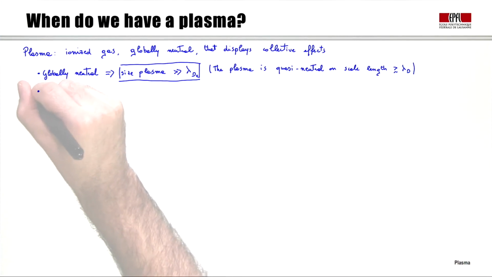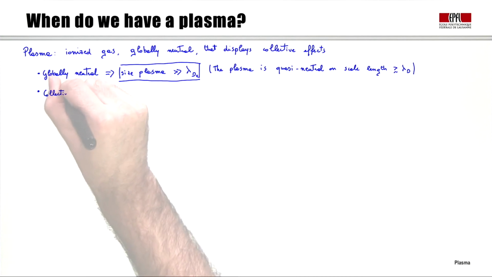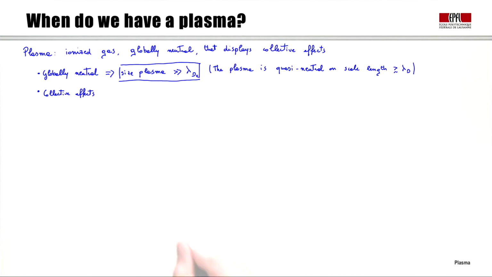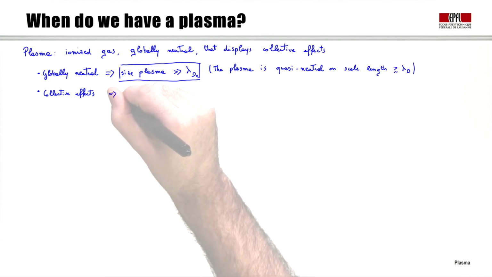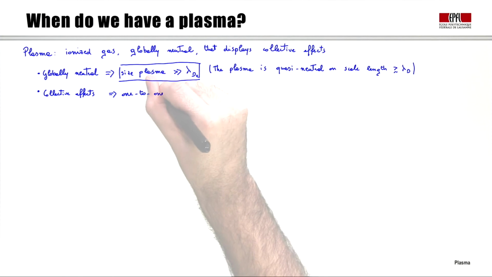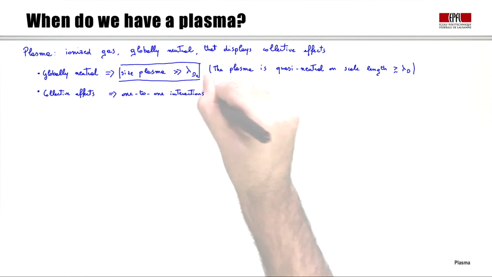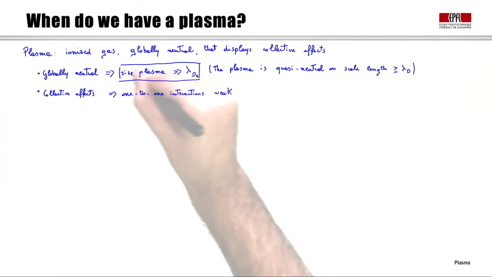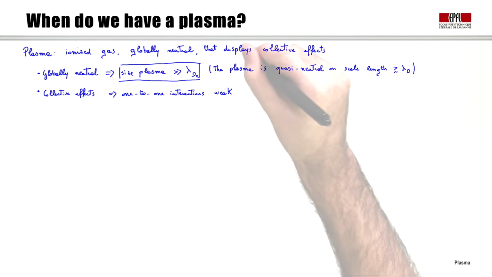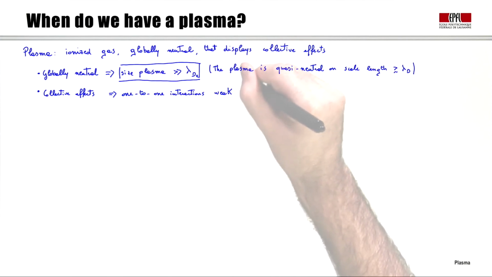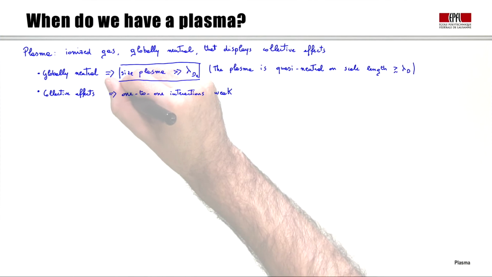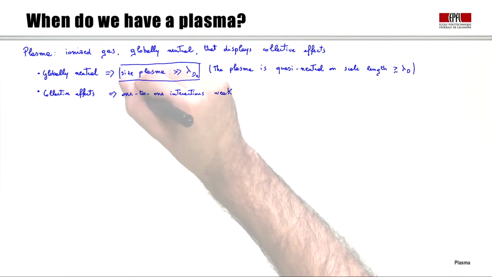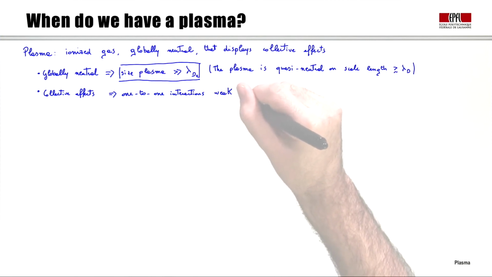The second concept is the one of collective effects. And this implies two things. On the one hand, we need to have that one-to-one interactions are weak. We want the plasma to interact through collective electric and magnetic fields that are generated collectively, and not that the interaction passes through collisions due to one-to-one particle interaction.